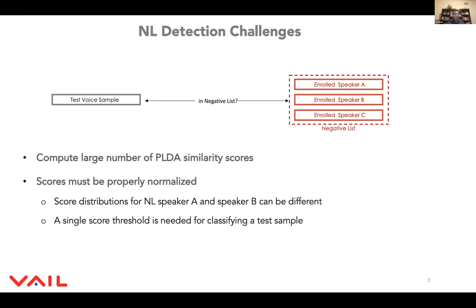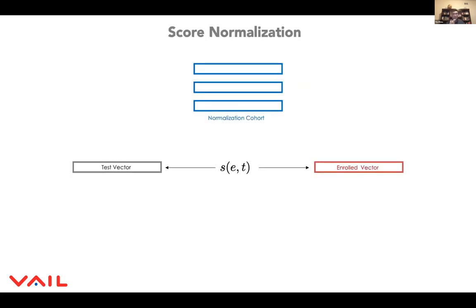If we have a large set of test samples and we compute their similarity scores with speaker A and then with speaker B, those two sets of scores may have different distributions. But negative list detection needs a single threshold for the score to determine whether there's a match. So for that reason, the scores need to be normalized to a single distribution first. And this is a common problem in speaker recognition.